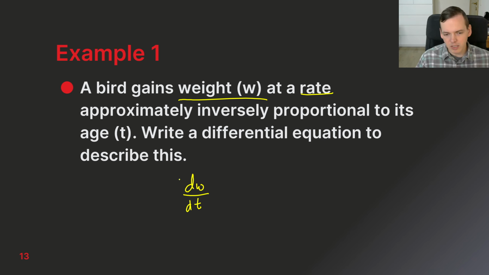So dW/dt, that's our rate. And we want to know how it changes. And so it says it's inversely proportional to its age in terms of t. So I need k times 1 divided by t. So as the bird gets older, the rate at which it gains weight decreases. So this would be an example of a differential equation to model a situation.